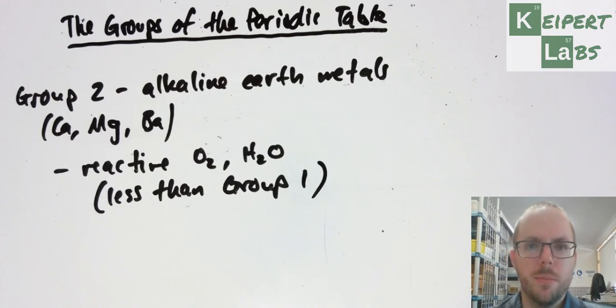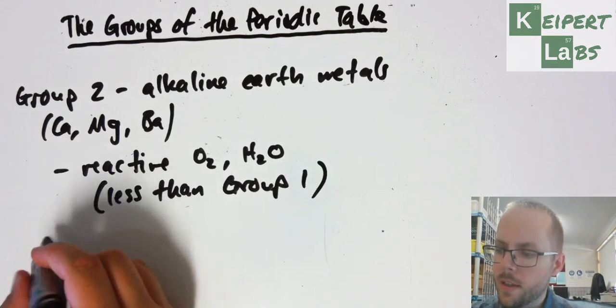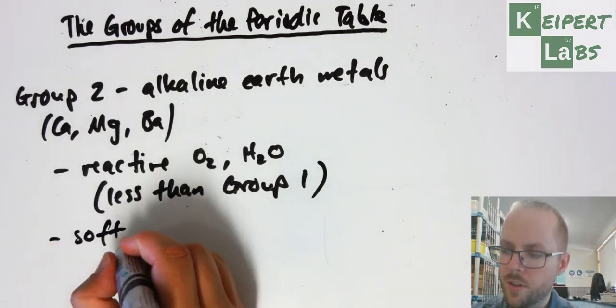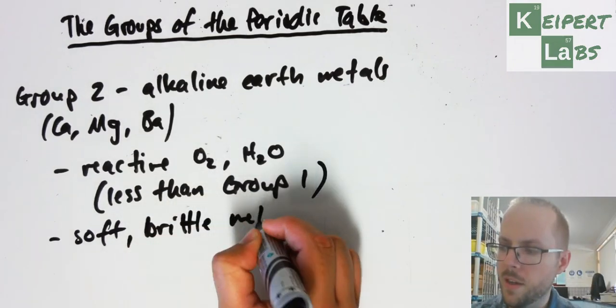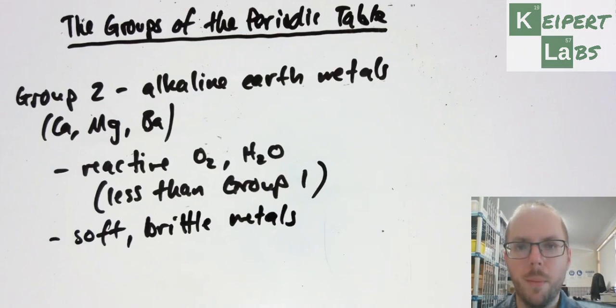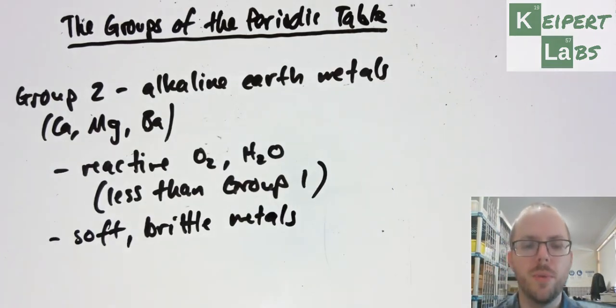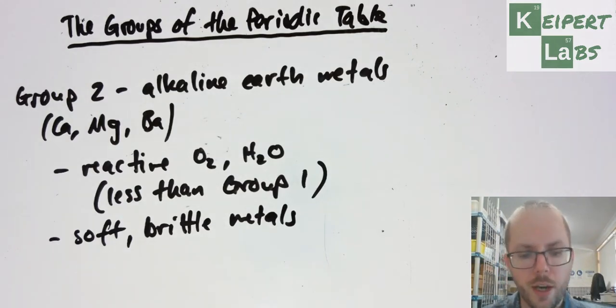If you've ever burnt magnesium in a Bunsen flame, it gives a bright white flame. They still tend to be soft and brittle metals, different to your typical iron nail, which is something you might normally think of when you think of the word metal. So that's group 1 and group 2.